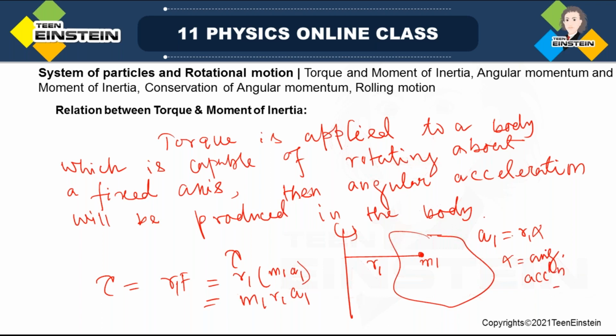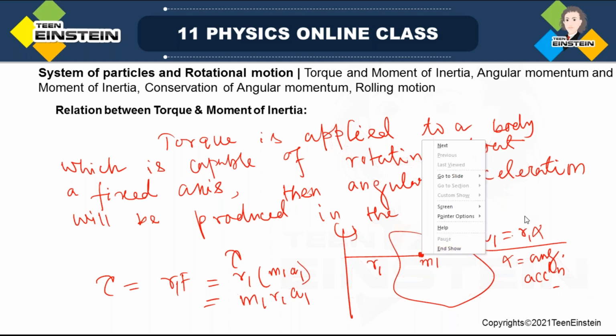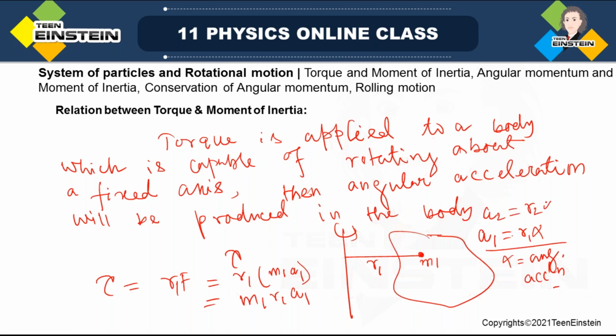See, a1 is the linear acceleration for this particle m1, and r1 is the distance from the axis of rotation to that particular particle, and alpha is the angular acceleration. If I want to write for another particle too, then also I can write this.